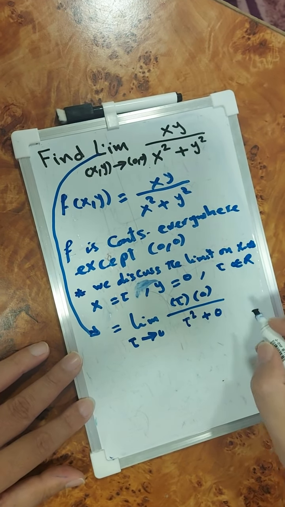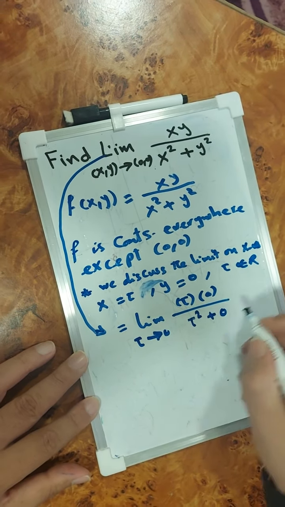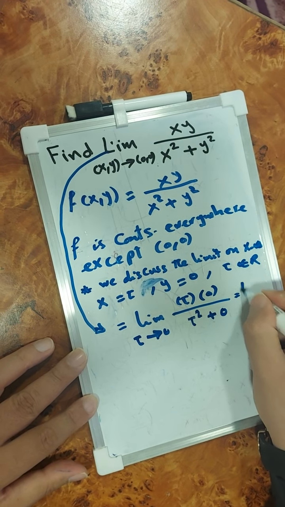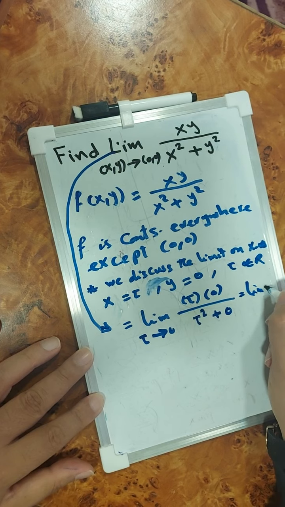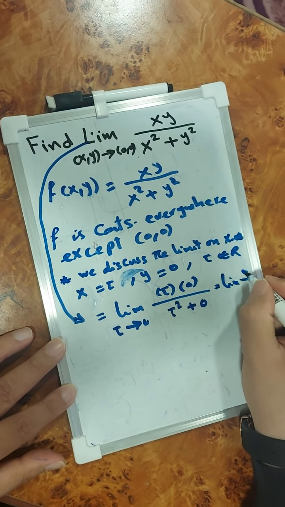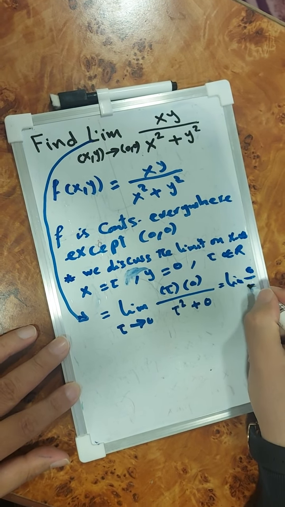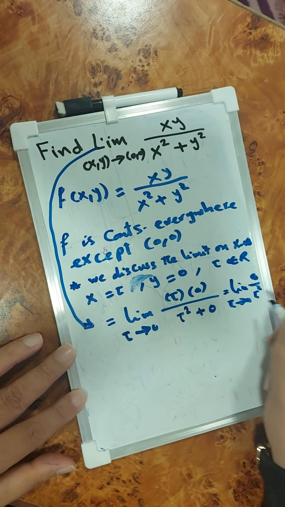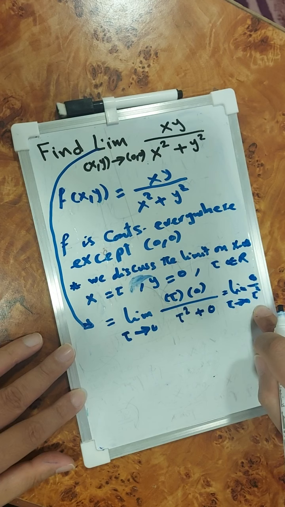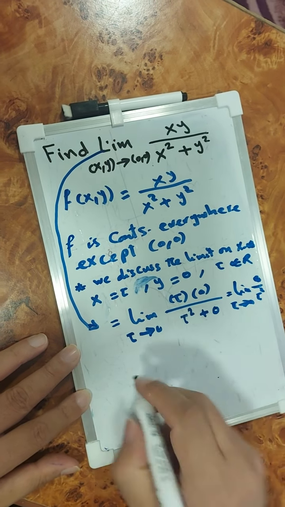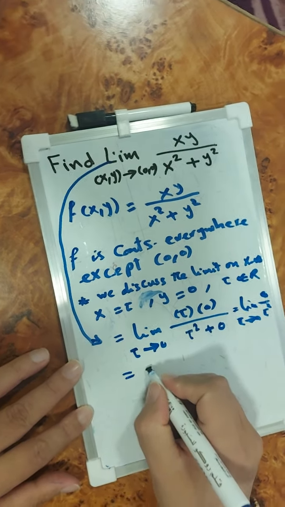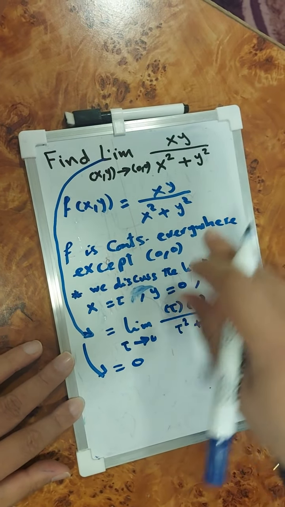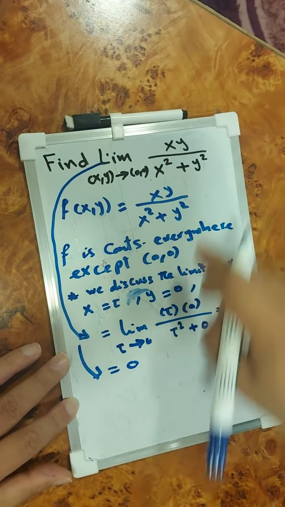So this limit is reduced to 0 multiply 0 equals 0 over t square as t approaches 0. So 0 over any nonzero real number equals 0, and then this limit equals 0 on the x-axis.